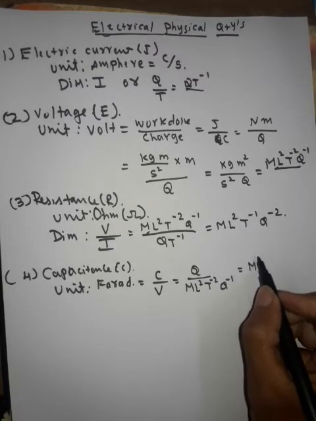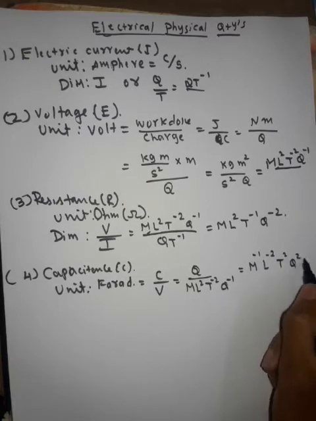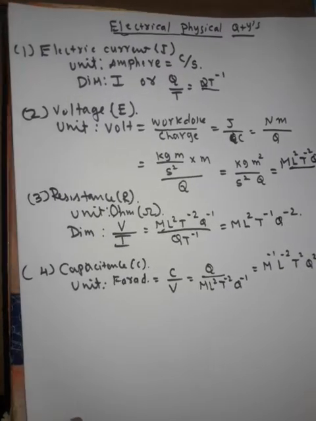Finally, I will get M to the power of minus 1 L to the power of minus 2 T square Q square. This is the dimensional formula for capacitance.